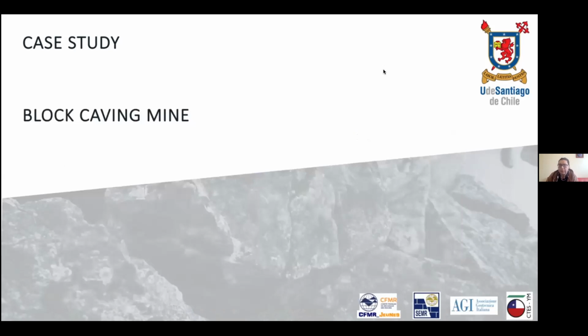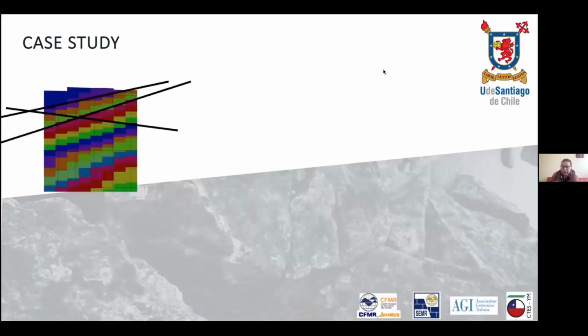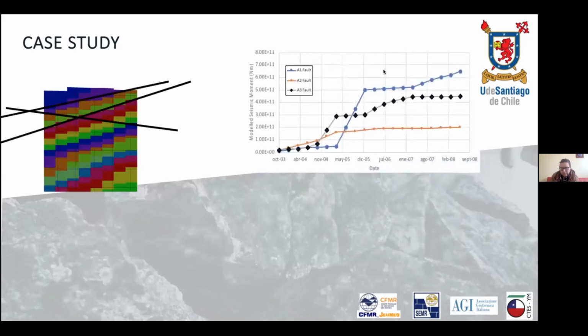I will now show you another case study, of a block caving mine. This is a referential picture, but it was based on the data used by Potvin and others in 2010. So I recreated the data, which is these lines. This corresponds to the seismic moment of three different fault systems.